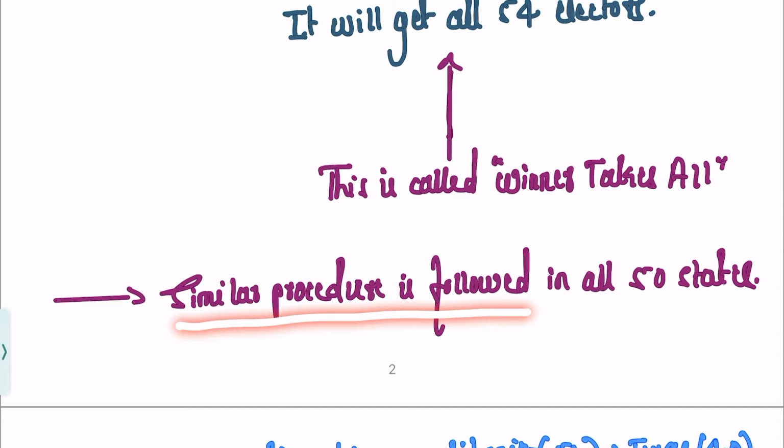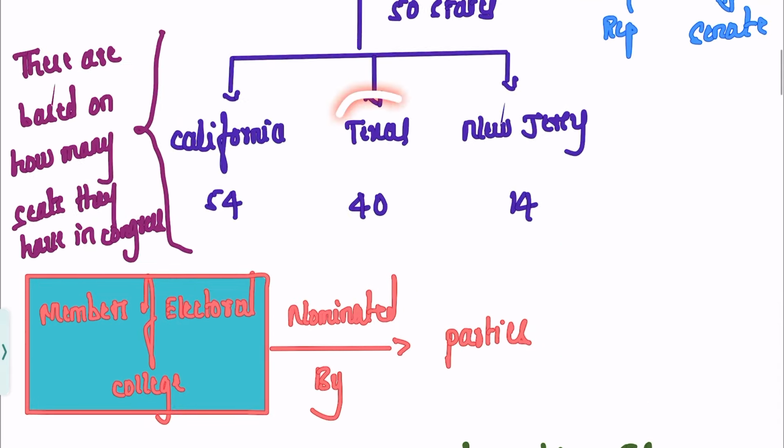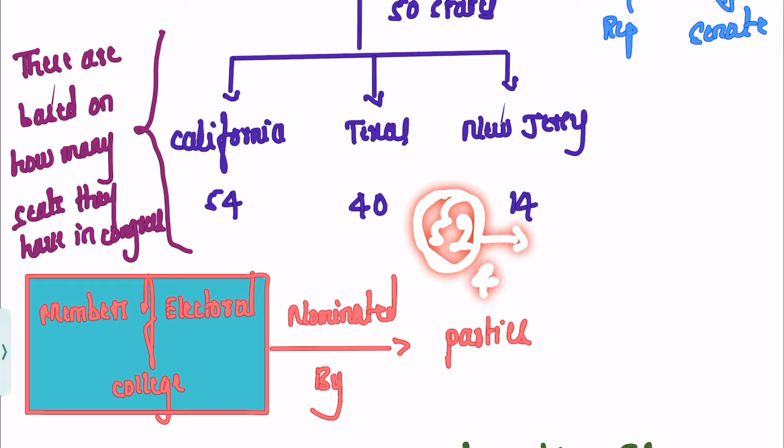A similar procedure is followed for all states. Similarly, people in Texas will go out and vote. Let's say in Texas, 52% of the voters voted for the Republican Party, and the remaining 48% voted for the Democratic Party. Now, who will take all these 40 electors?